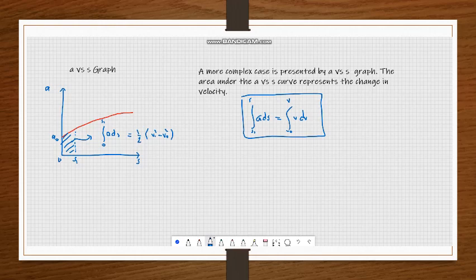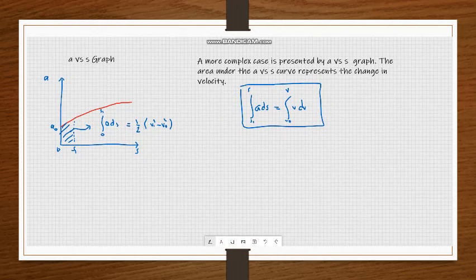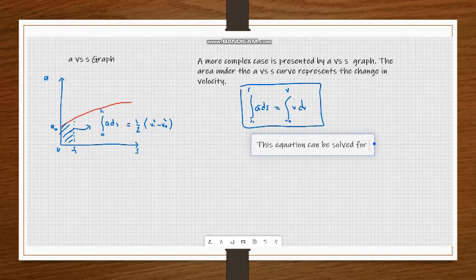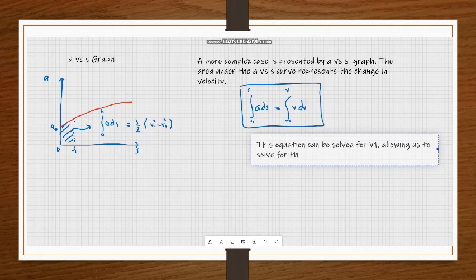Okay, if this one is clear, let's jump to how we can proceed. This equation can be solved for v1, which is velocity 1, allowing us to solve for the velocity at a point.